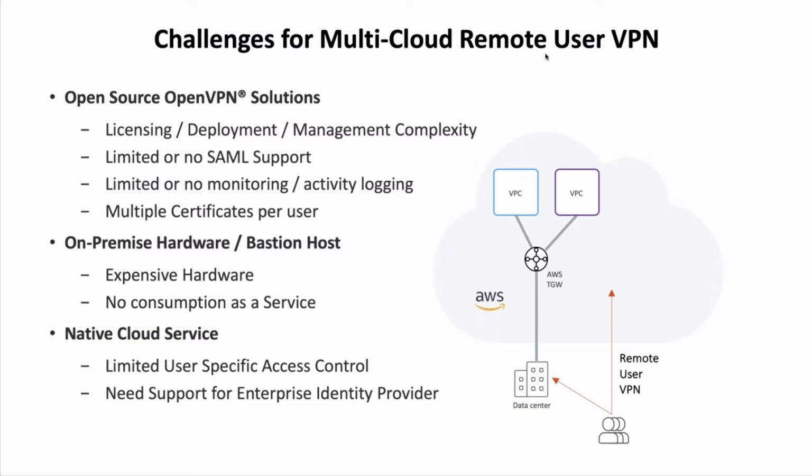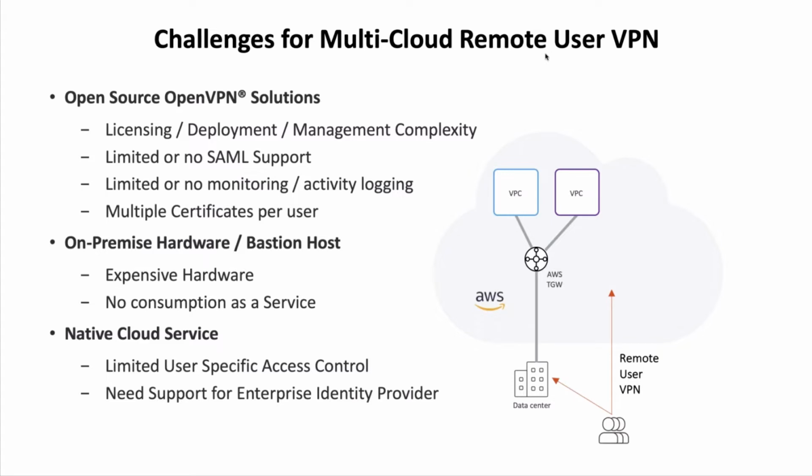There's limited or no monitoring and activity logging with these solutions. And a lot of times there are multiple certificates because you put an OpenVPN server in a VPC, and that requires a certificate for that particular server. And then if you use a different one in a different VPC, you now have different certificates for accessing different areas of the network.